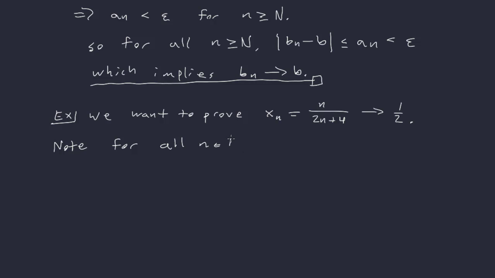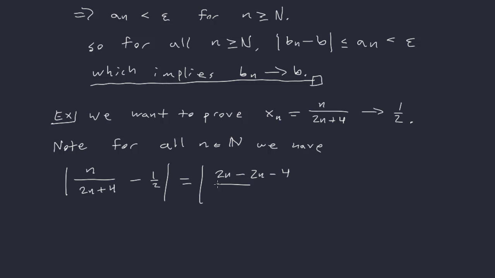So note, for all n in the naturals, we have the absolute value of n over 2n plus 4 minus 1/2, and now I'm just going to do a bunch of algebra. All right, so n over 2n plus 4 minus 1/2, that's going to be 2n minus 2n minus 4 on the numerator, and 2n plus 4 times 2 on the denominator. Now, this pretty much simplifies a lot.